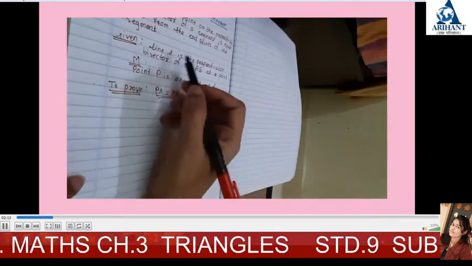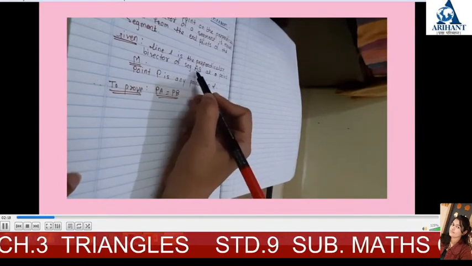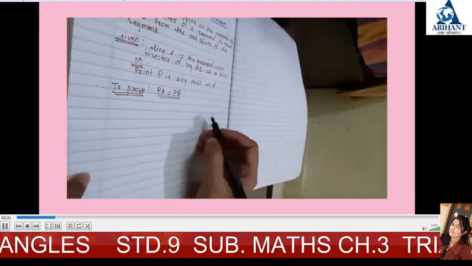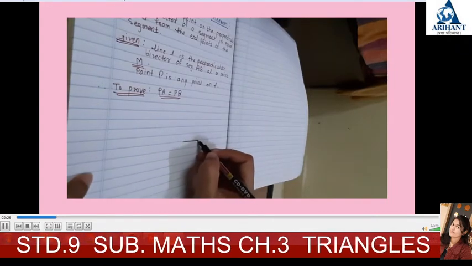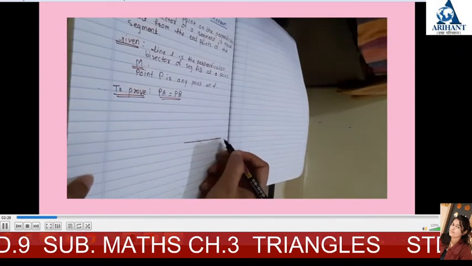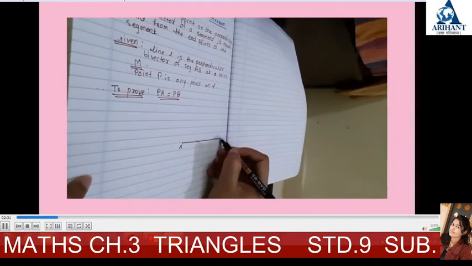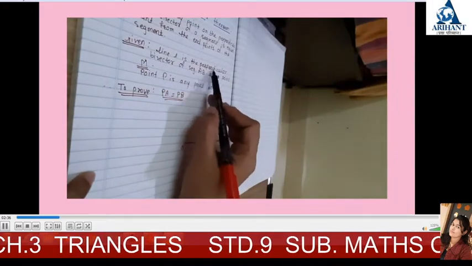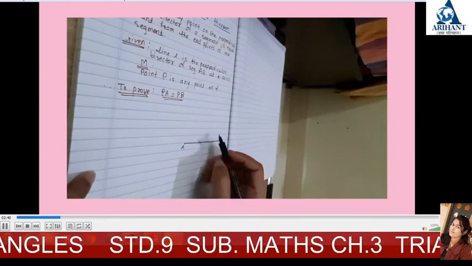So what is given? Line L is the perpendicular bisector of segment AB at a point M. So first draw a segment AB. This is the segment AB. The line L is the perpendicular bisector of segment AB.